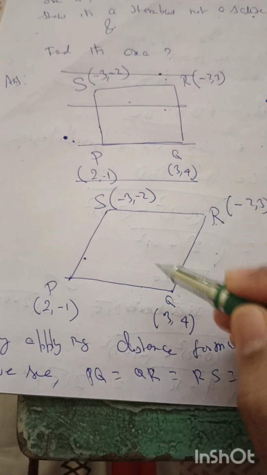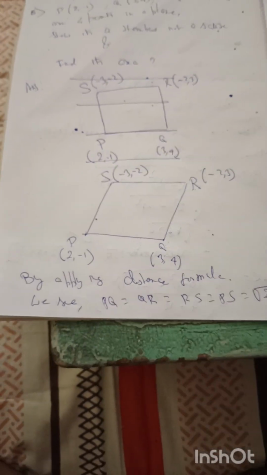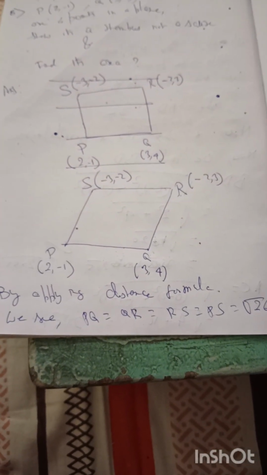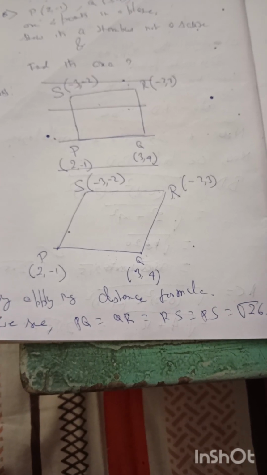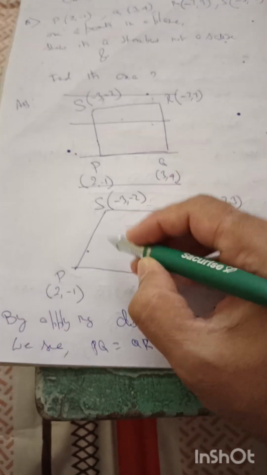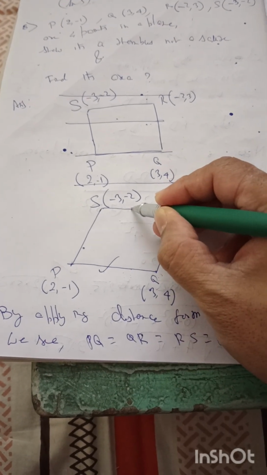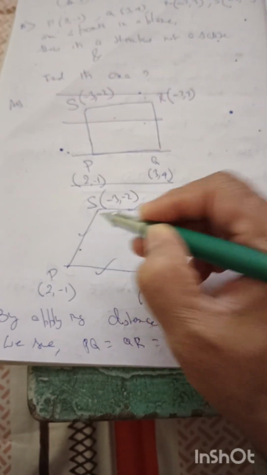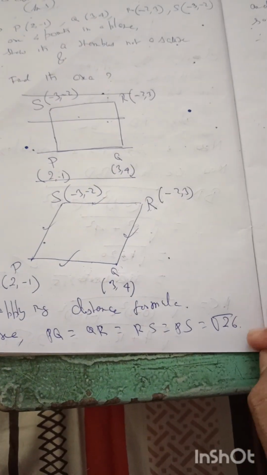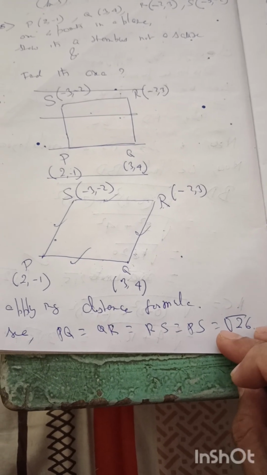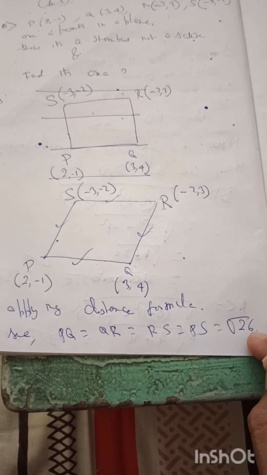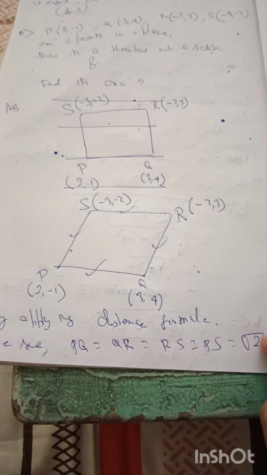PQRS with their coordinates. Now simply by applying the distance formula we find PQ, QR, RS and SP, and we see that the distance is square root of 26.